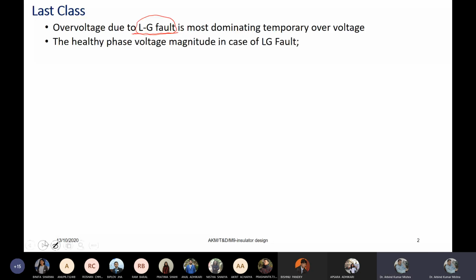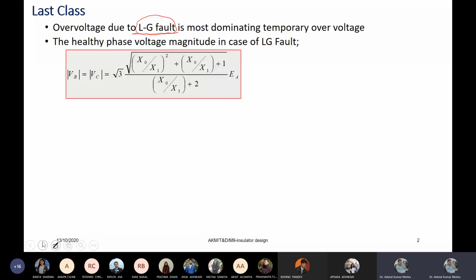Then we also discussed that in case of single line to ground fault, the healthy phase voltage, that is, if we say that fault is in phase A, then the healthy phases mean B and C, or if the single line to ground fault occurs on phase B, then the healthy phases are A and C. We have derived this expression that in simplest form gives the healthy phase voltage magnitude.